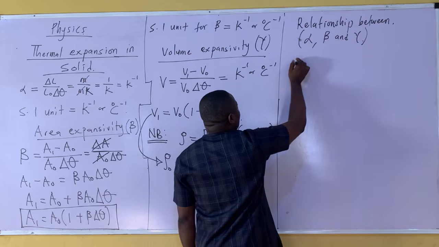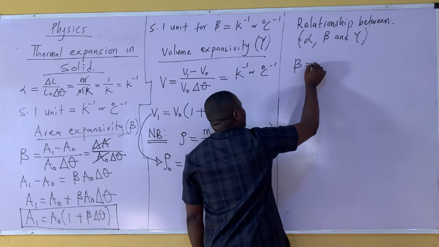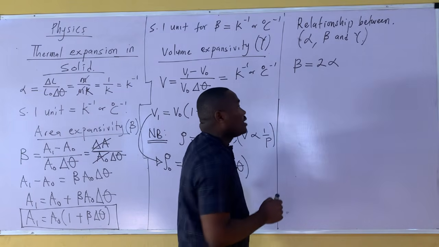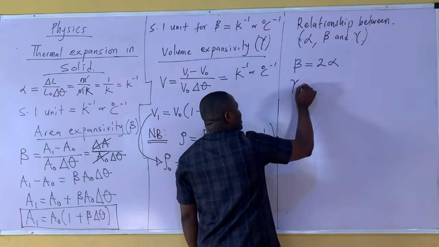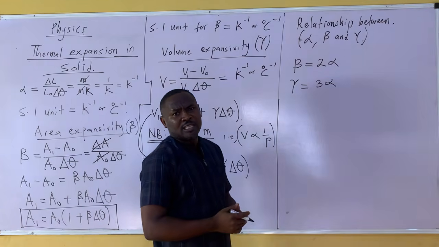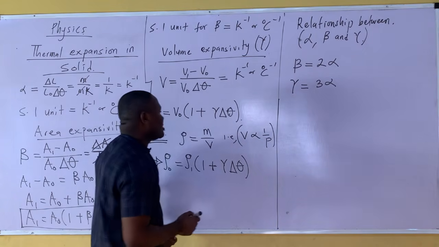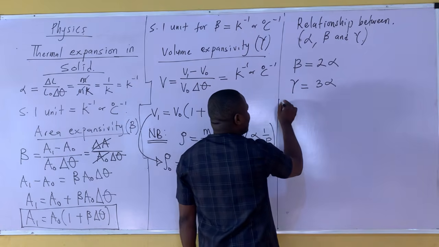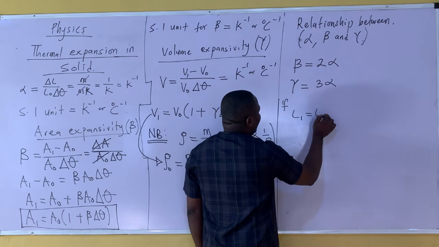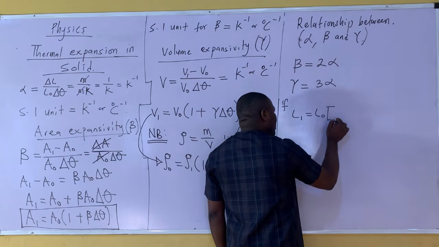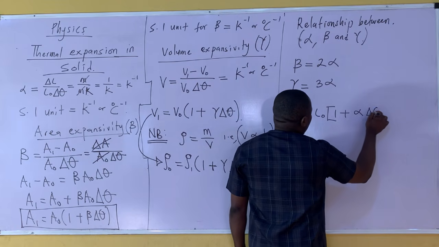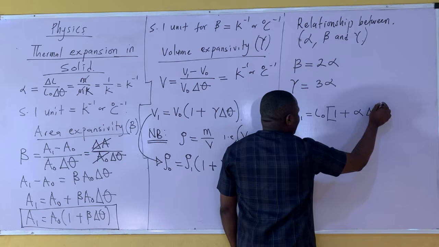The relationship is that area expansivity equals 2 times the linear expansivity, while volume expansivity equals 3 times the linear expansivity. So if I have an expression like this, L1 is equal to L naught open bracket 1 plus linear expansivity change in temperature. Now this is my L1.